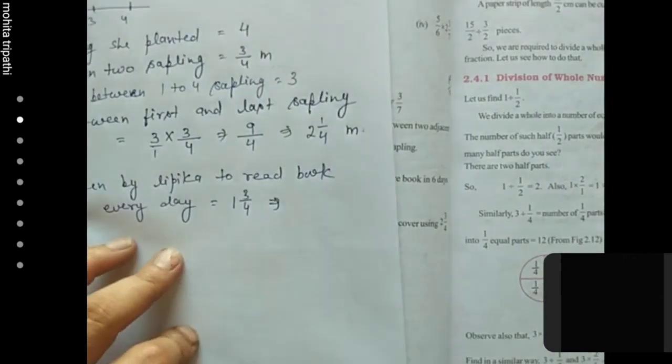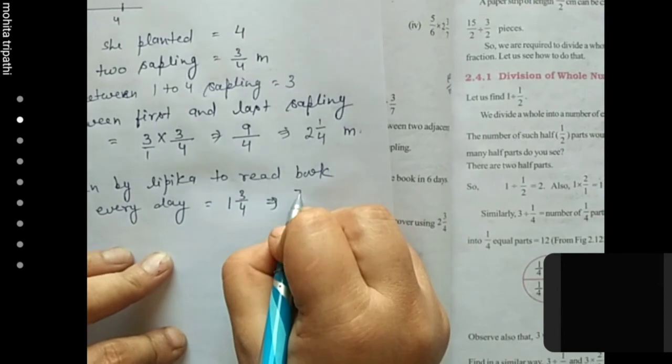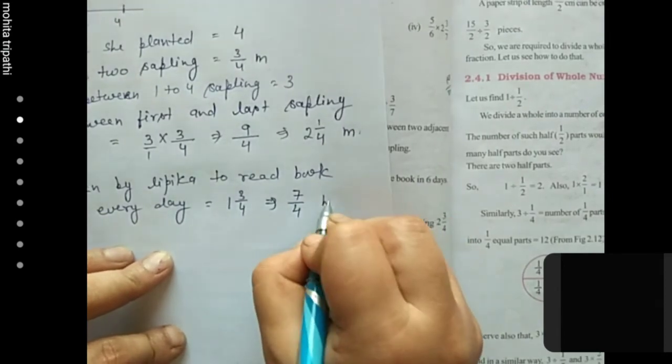When we convert it, 4 1s are 4, 5, 6, 7, so 7 upon 4 hours.